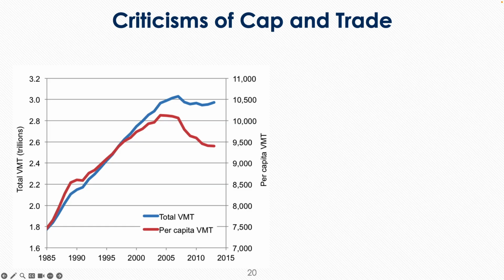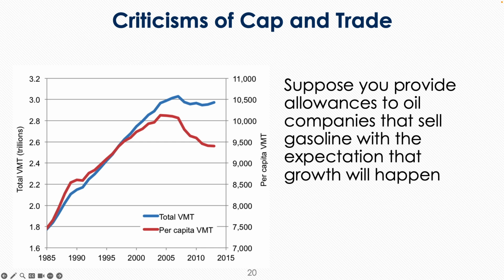Okay, other criticisms of cap and trade. I think this is a pretty important concept to understand. Suppose you provide allowances to oil companies that sell gasoline with some expectation that growth is going to be happening, right?